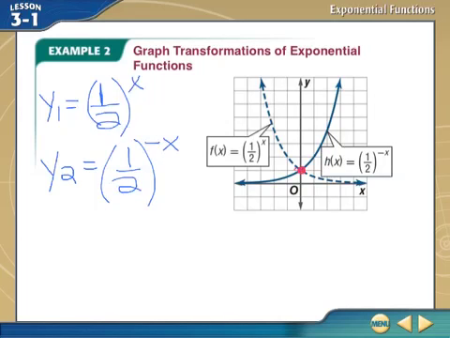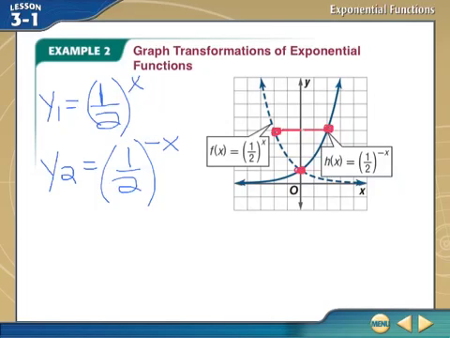So this point is going to stay put for both functions. Now let's think about this point right here. On the original function, if I reflect that point over the y-axis, since it's 2 units away from the y-axis, it'll be 2 units away from the y-axis on the other side. So there gives me my ordered pair on the other side of the y-axis.